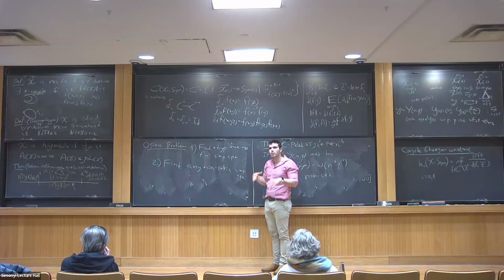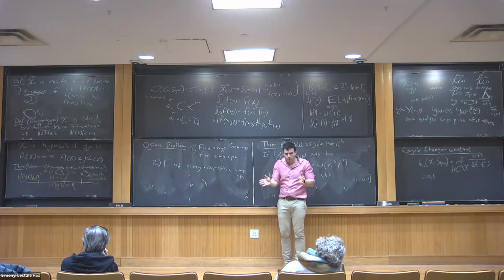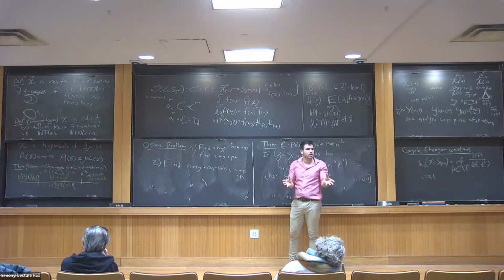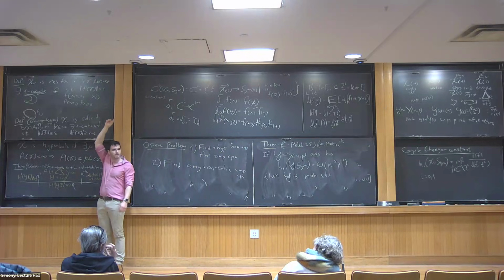But we will see in a moment, I will add another definition, which is called property tau. And somehow property tau tells you that you don't have many finite covers. And then if you're hyperbolic and you don't have many finite covers, maybe all the covers don't see the fact that this specific gamma has norm one, right?